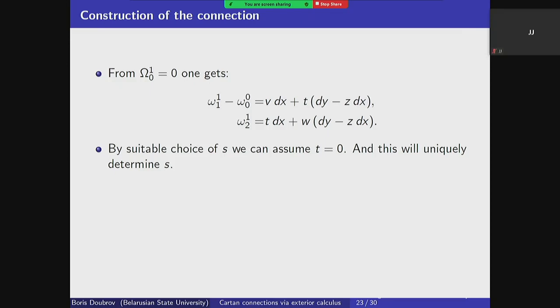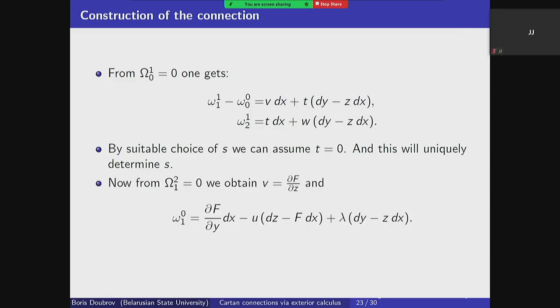And you remember that we still have a freedom of choosing a section. At that moment, we can actually kill some of the coefficients by an appropriate choice of sections. So it's a game we play. We have linear conditions, but we also view everything up to gauge transformations, and we use gauge transformations to normalize some of the coefficients.